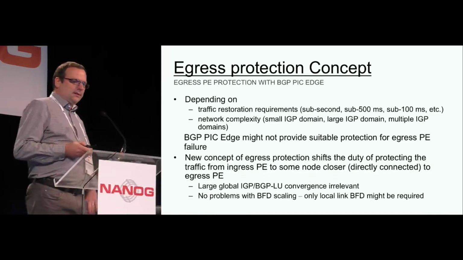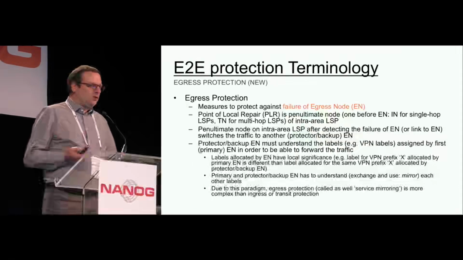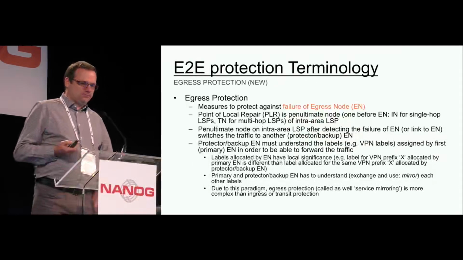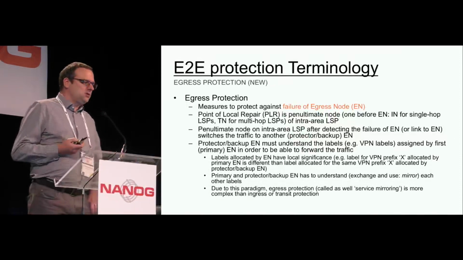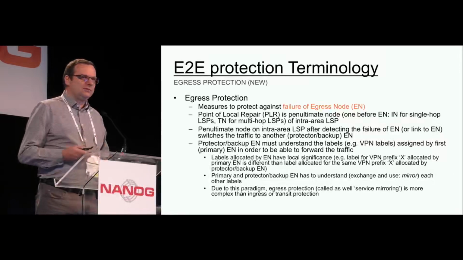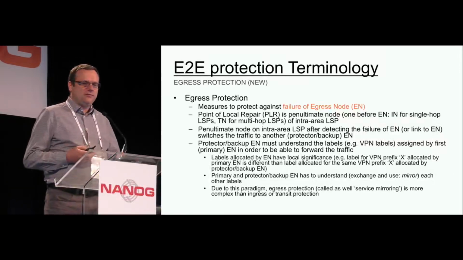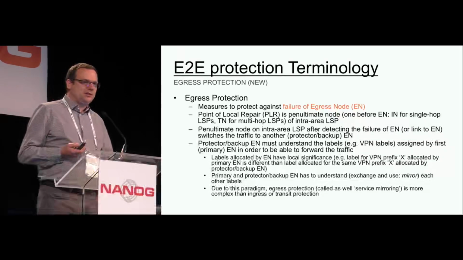I discussed that already. So that's the reason we are introducing a new way of doing egress protection. Basically, we shift the duty to restore the traffic, or to switch over the traffic, from the ingress PE node to some node which is closer to the egress PE.